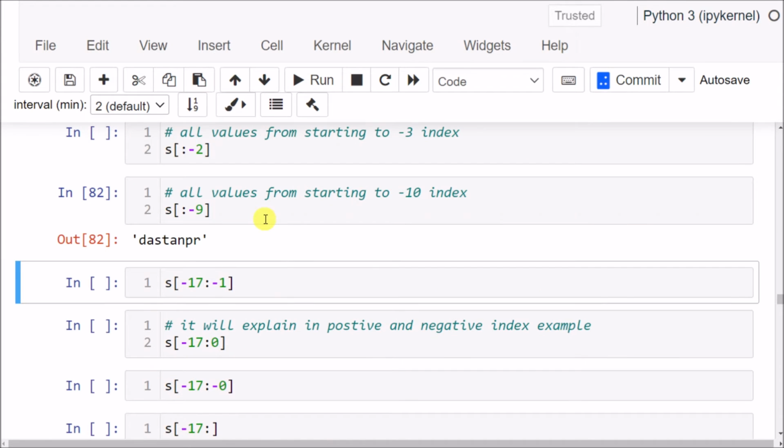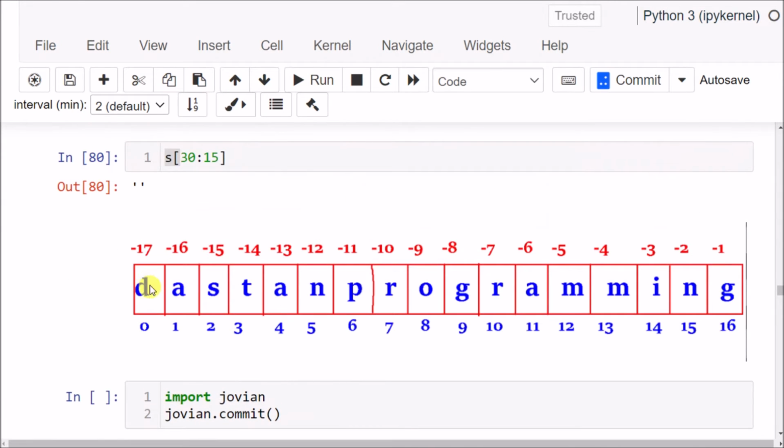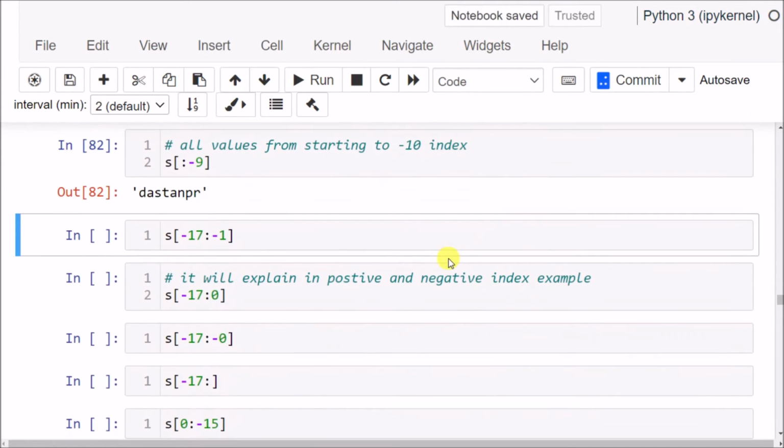We can see here, and here -17 to -1. D is at -17, so -17 to -1 means before -1, that is the last index minus 1, so -1 minus 1 becomes -2. So up to -2 we have to print the values, like Dastan programmin, and G is not considered. So we can see here.